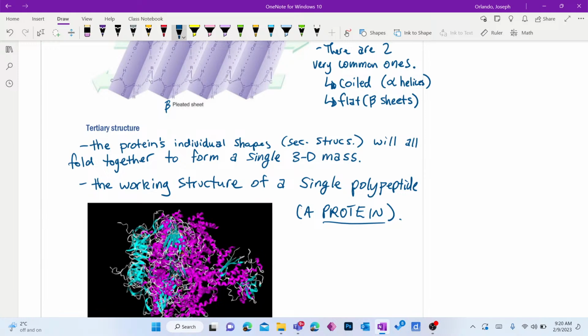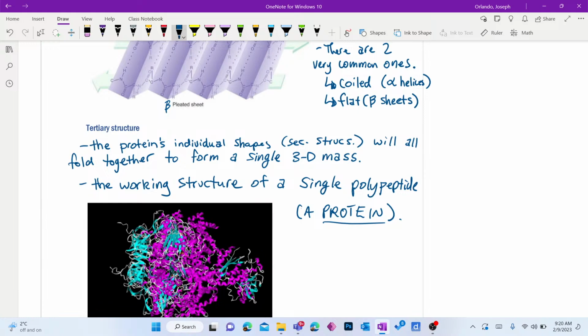Secondary structure is all those local shapes. Again, we use the two common examples of alpha helices and beta pleated sheets, but you could also have a big clumpy spot or a big ball, or a section where it is pretty linear. All the local shapes are the secondary structure, and then how all of those fold together gives you the tertiary structure, and that's the working structure of a single polypeptide. That can be a protein.